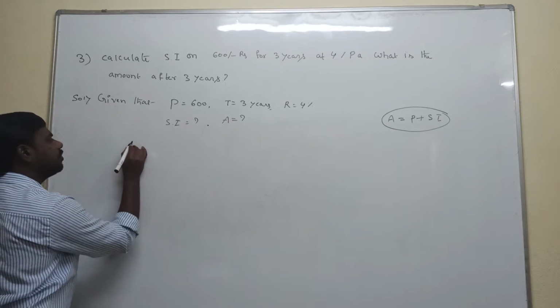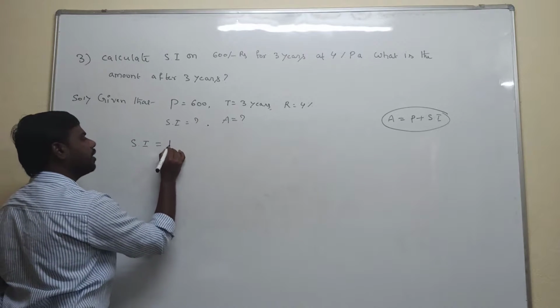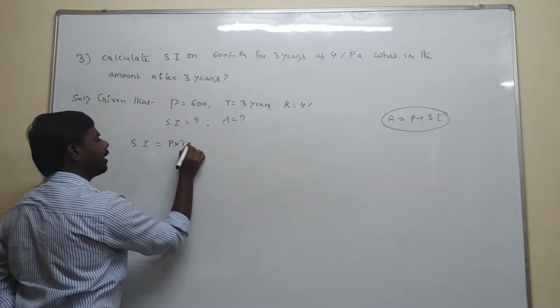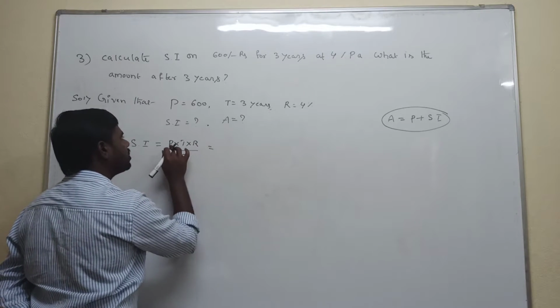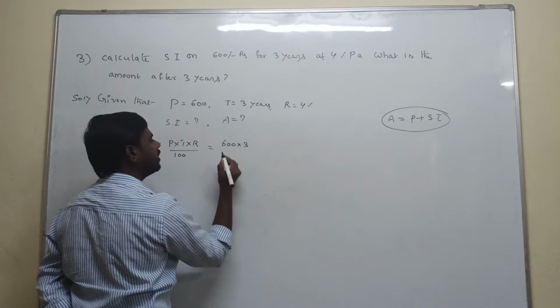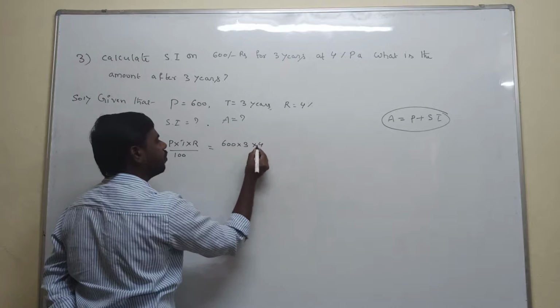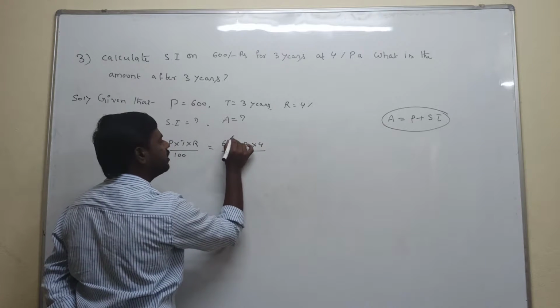The simple interest formula is PTR by 100. Now substitute the values: principal is 600, time is 3 years, and rate of interest is 4 divided by 100. Now 100 one time, 100 six times.